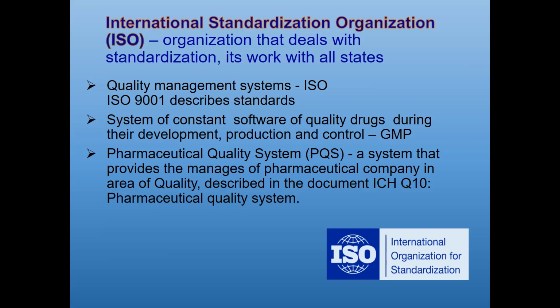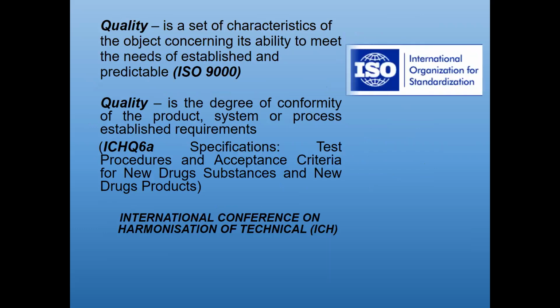The pharmaceutical quality system provides the management of a pharmaceutical company in the area of quality, described in the document Pharmaceutical Quality System. Quality is a set of characteristics of the object concerning its ability to meet established and predictable needs.